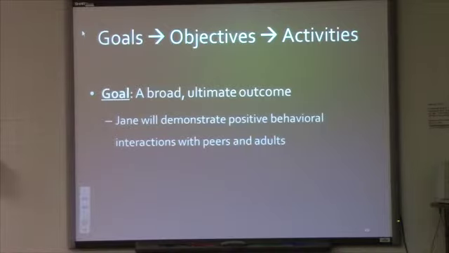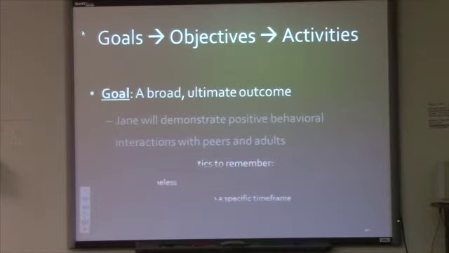That means they can demonstrate this in multiple and varied ways. It's timeless. There's no specific time frame. It's something you want them to be able to do, something they're going to be doing when they leave school for the rest of their life. So that could be a goal in your lesson.